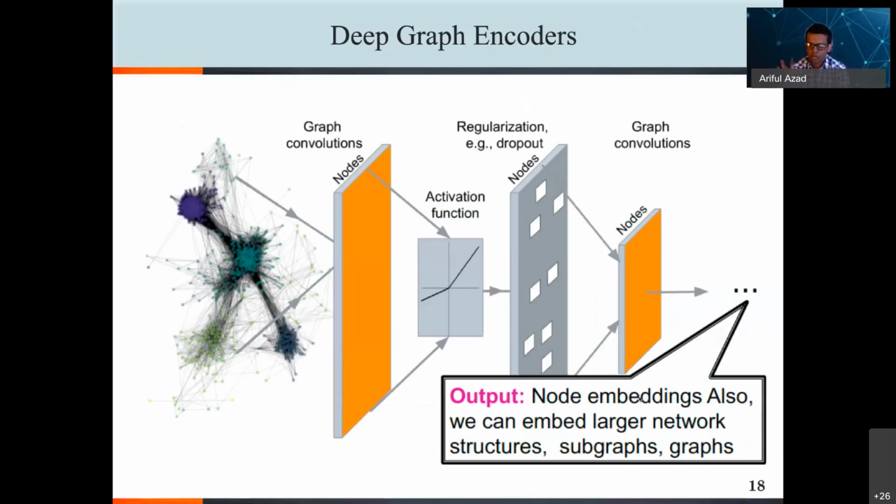So instead of looking up a table, we can have a complicated multi-layer neural network in between, and that can give us the embedding, the encoder function. And after we embed them, remember we have to decode to update the network parameters. So that is the second step. But the encoding can be shallow or deep.